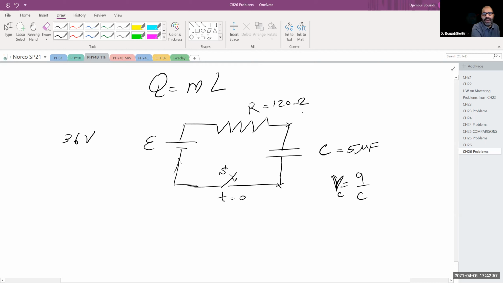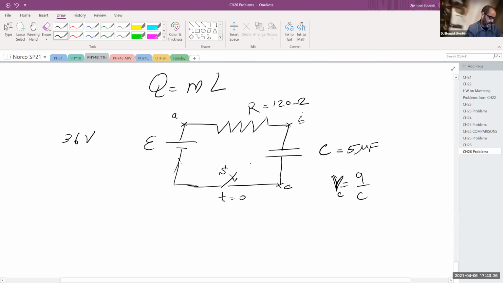So I'm going to call, starting from here, point A, going to point C, going to point B, and then to C. And then this entire section is point C, by the way, when the switch is closed. So when the switch is closed, this entire section is C, this entire section is A, and this entire segment is B. So that's basically what these labels are.